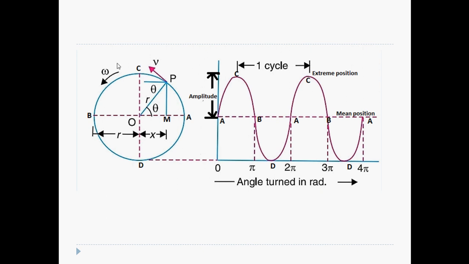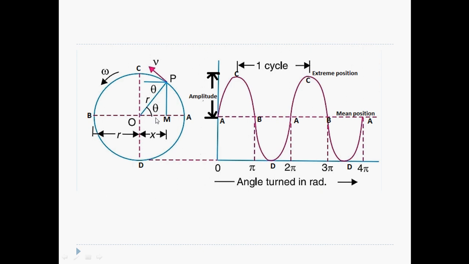Then the particle moves from C to B, and the projection moves from C to O. When the particle moves from B to D, the projection moves from O to D. Then the particle moves from D to A, and the projection moves from D to O. So as the particle moves from A to C, C to B, B to D, D to A to complete one cycle, the projection of the particle on the diameter moves from O to C, C to O, O to D, D to O. So it makes one oscillation.